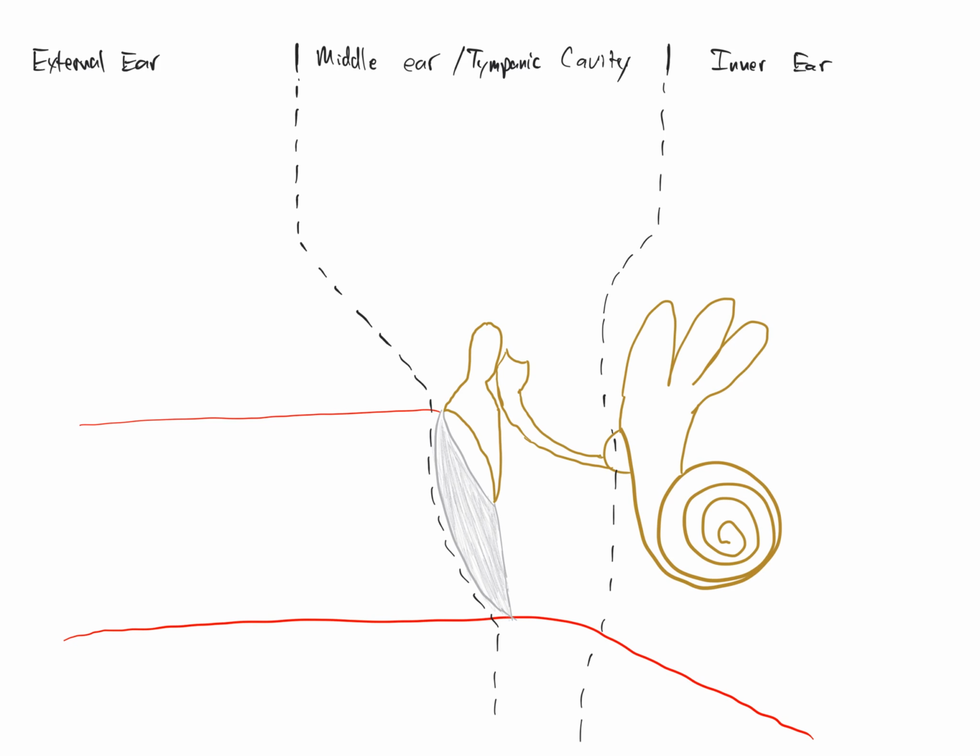Okay, so we're going to talk about the external ear first. It's the visible part of the ear, and it directs sound directly into the tympanic membrane.